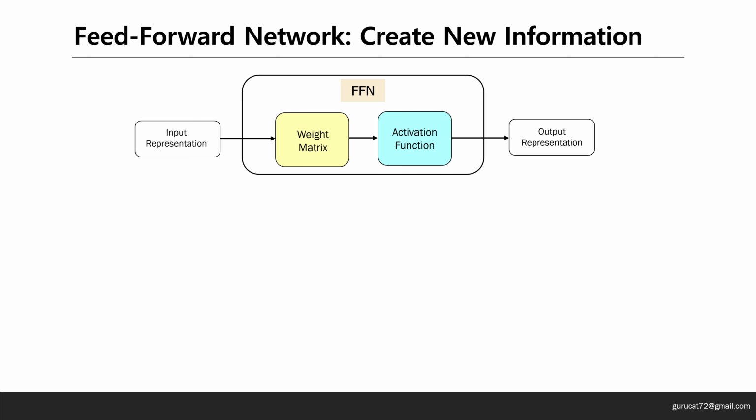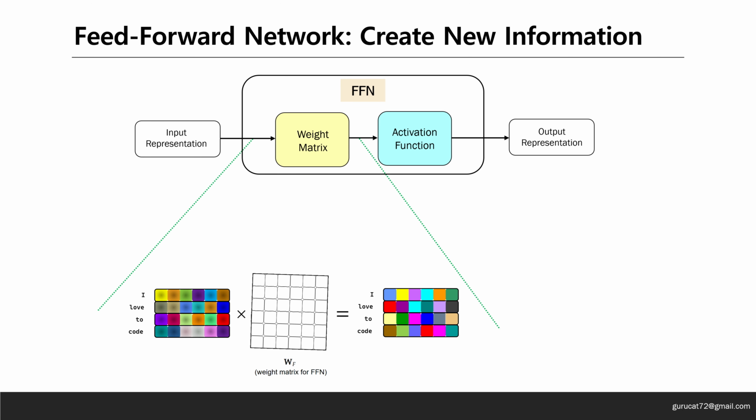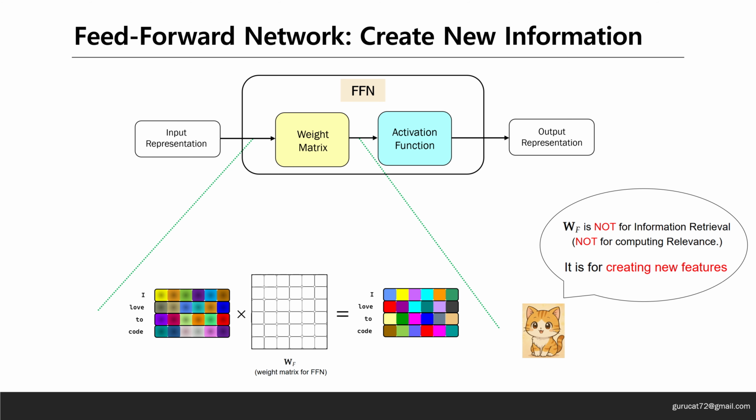The FFN solves these issues. It applies a linear transformation, followed by a nonlinear activation function. The weight matrix of the FFN isn't there for measuring relevance like the attention score. Instead, it generates brand new features of each token without retrieving or reorganizing any existing information. This gives the model a chance to expand and reshape information after the attention step.